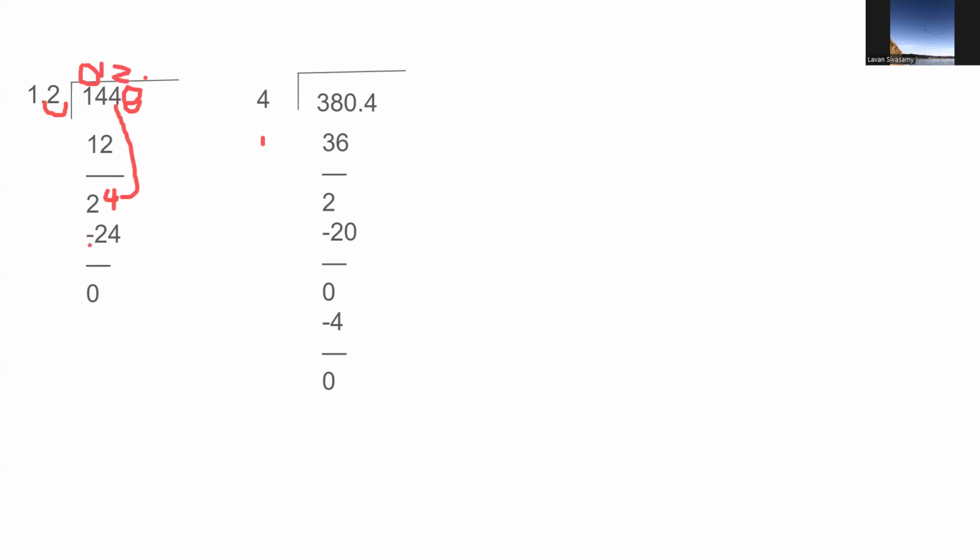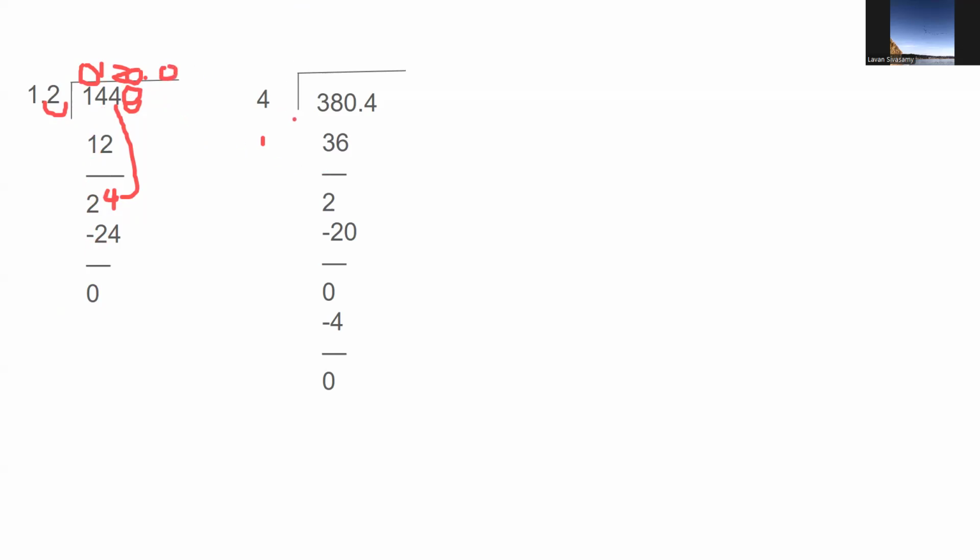And then we have 24 minus 24, which is 0. And we have this 0 right here. What we can do with the 0 is really simple. Just move straight up. So 144 divided by 1.2 is 120.0.